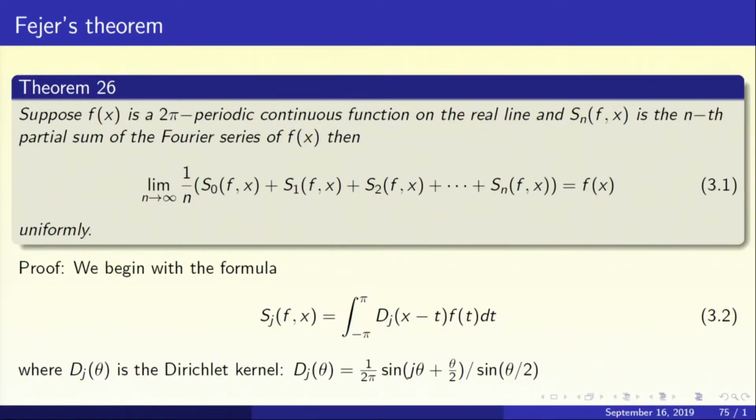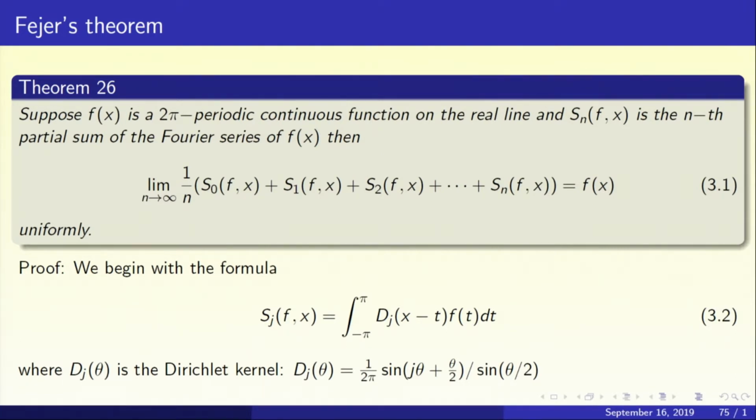Now, let us come back to Fejer's theorem. What does Fejer's theorem say? Suppose f of x is a 2 pi periodic continuous function on the real line, and Sn f x is the nth partial sum of the Fourier series of f of x, then limit as n tends to infinity 1 upon n into S naught of f of x plus S1 of f of x plus etc. plus Sn of f of x equals f of x uniformly.